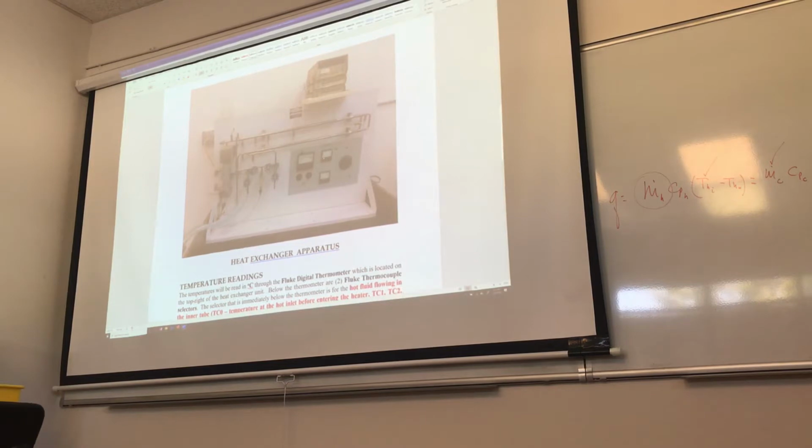So V times I gives you the Q in. The water comes in at a certain temperature, and because it receives more heat, the temperature at the inlet of the heat exchanger, which is probably this thermocouple here, is going to be high enough.